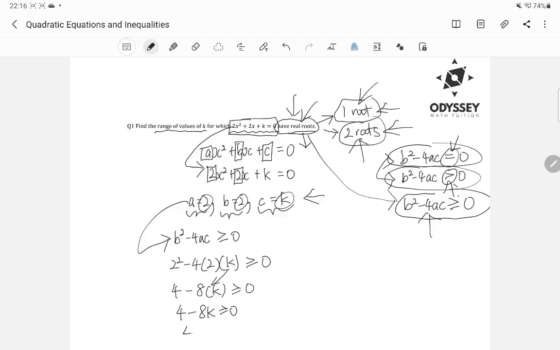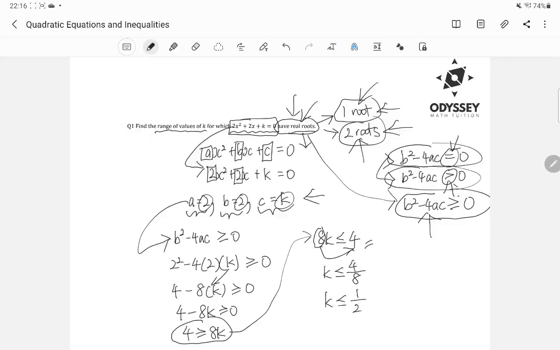Now this means that 4 is more than or equal to 8k, and we can write this as 8k is less than or equal to 4. You can think of it as flipping the inequality the other way. Then let's divide by 8. We get that k is less than or equal to 4 over 8, which means k is less than or equal to 1 over 2.